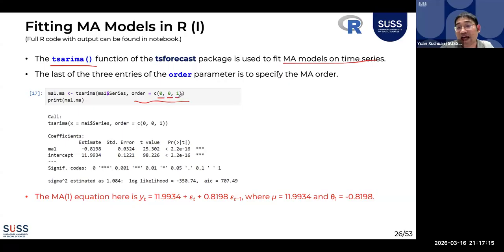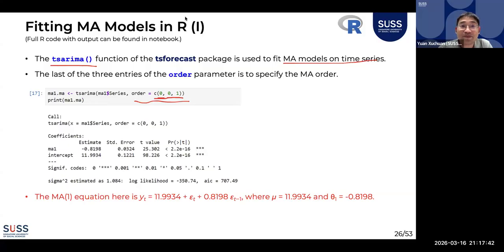This refers to the MA order. Okay. So there are three arguments, right? You need to specify. So we can use the MA1 model because if you look at the ACF, the ACF has cut off after lag 1, right? After lag 1, so you can consider using the MA1 model to fit the time series.